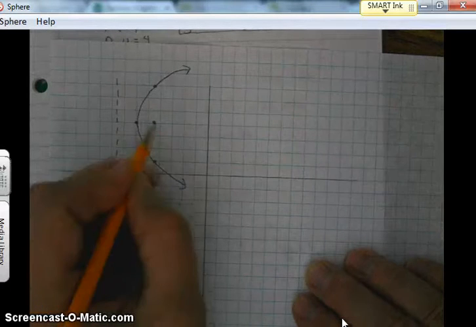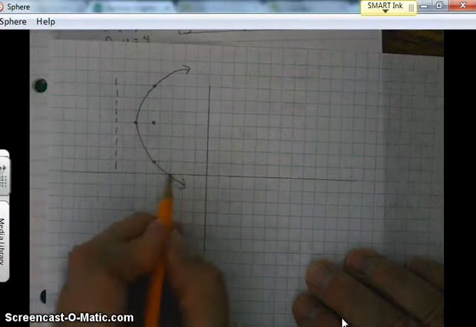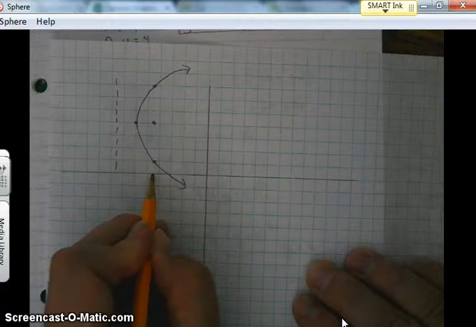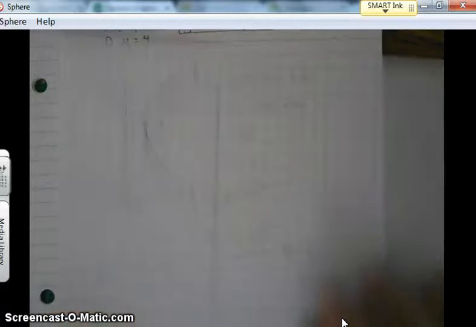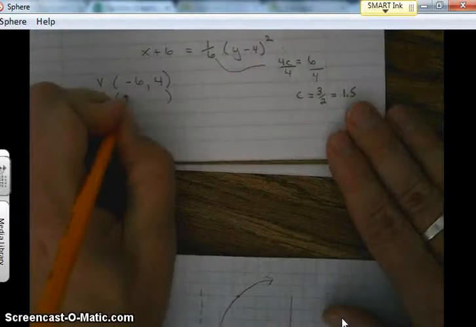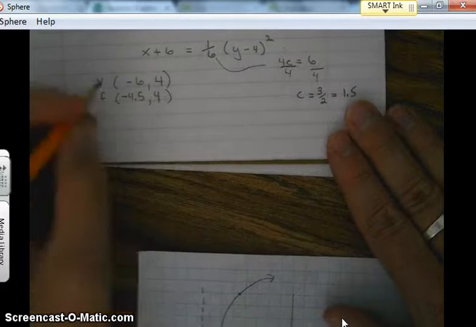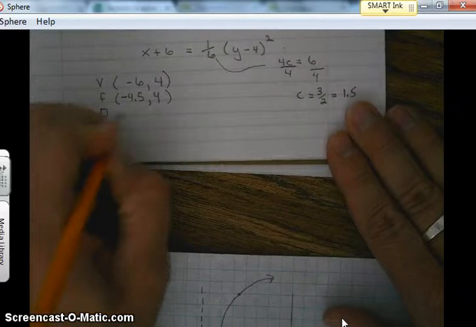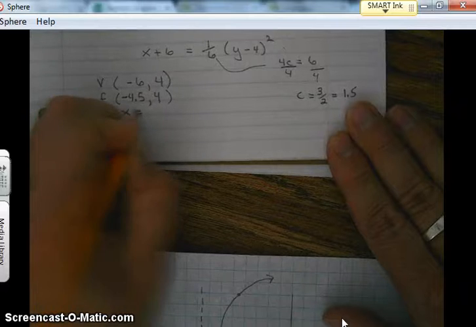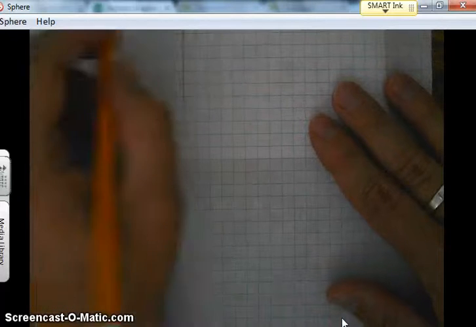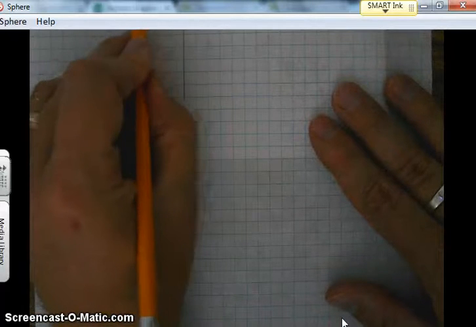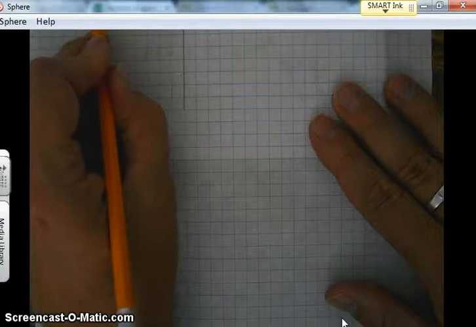So again, our focus here is going to be 1, 2, 3, 4. So -4.5. Okay, and then our directrix is going to be x equals 1, 2, 3, 4, 5, 6, 7.5.